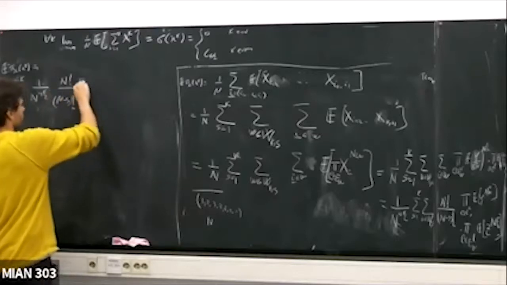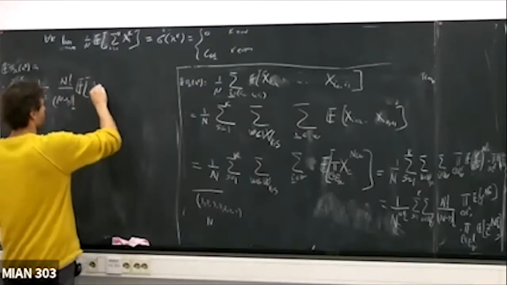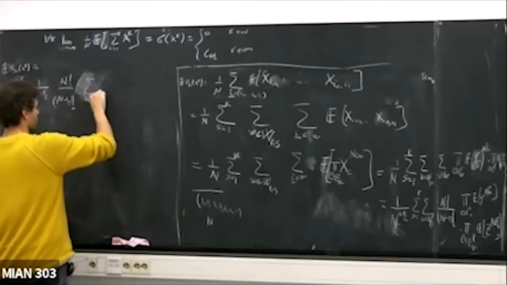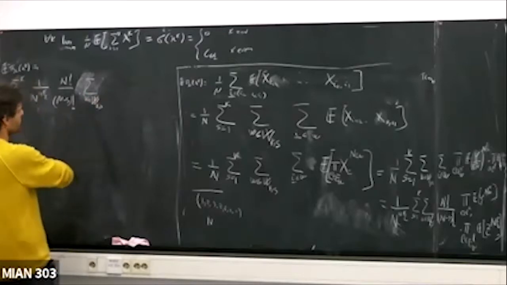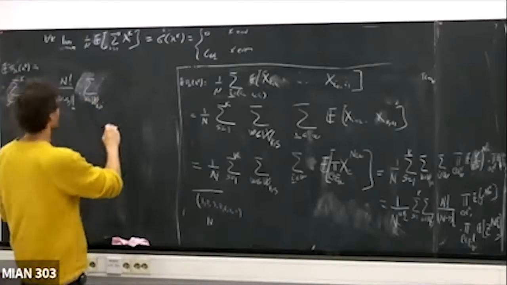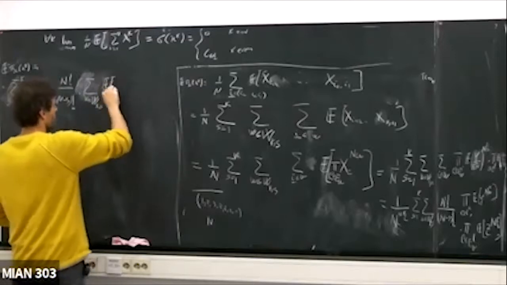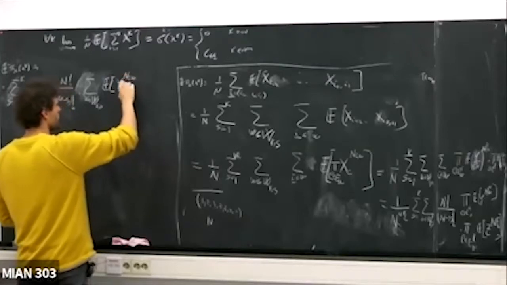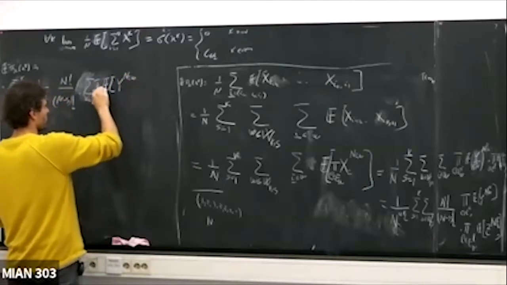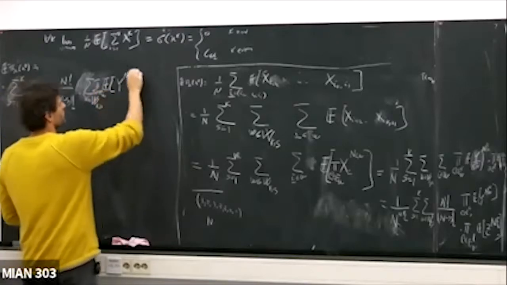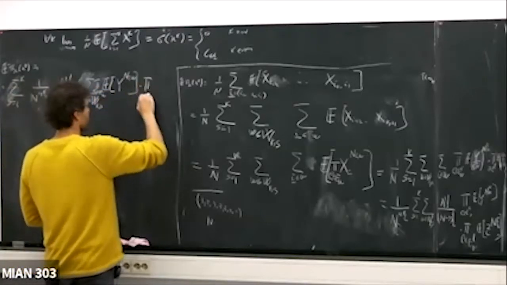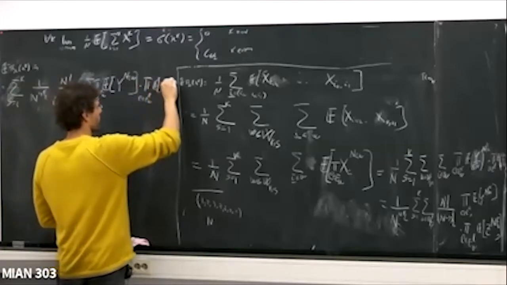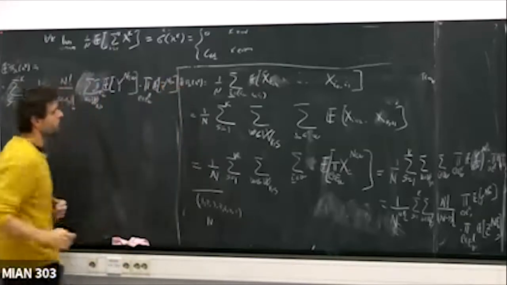And then here I have the sum over all the words w of length k plus 1, closed, and of size s, of the expected value of y to the number of times my word visits the edge e, product on the connecting edges, times the product on the loop edges of the expected value of z to the power of how many times my word crosses the edge e.